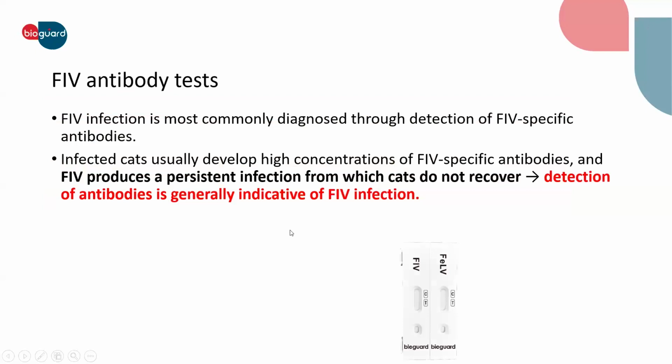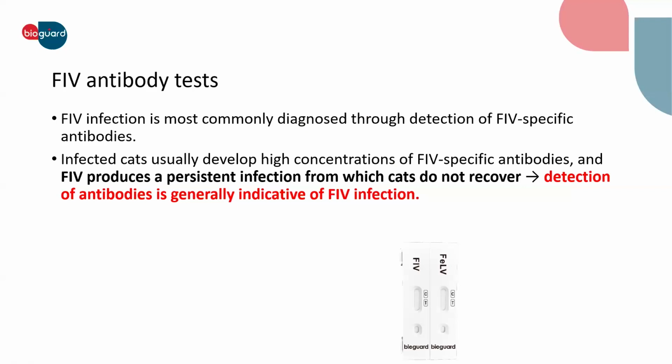So for the FIV antibody test, it's because infected cats usually develop a high concentration of FIV-specific antibody. And FIV always produces a persistent infection, and the cat does not recover.